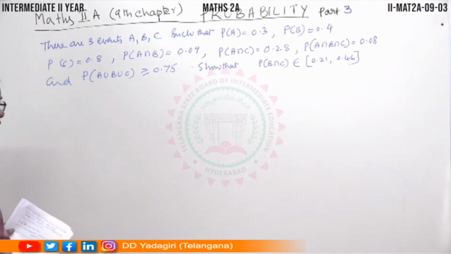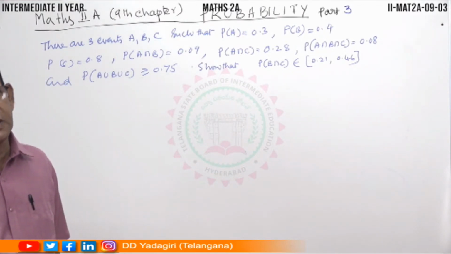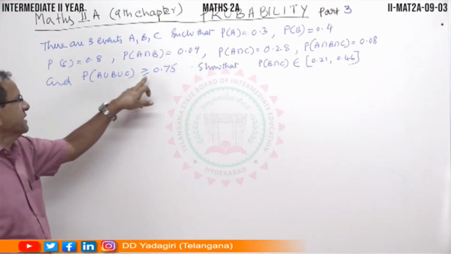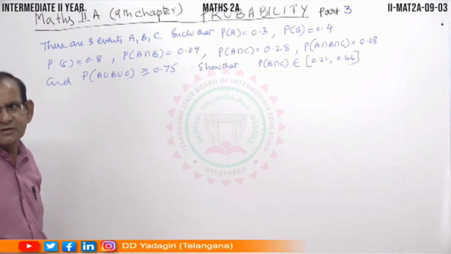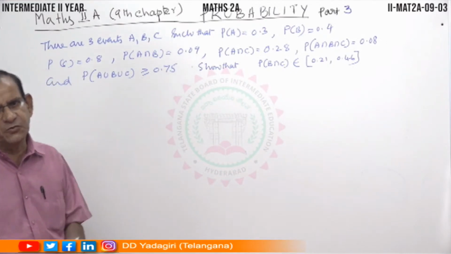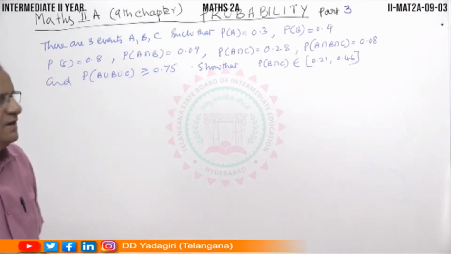Now, actually the probability of any event lies between 0 and 1 only. But here the probability of this event is more than 0.75. That means it is from 0.75 to 1. It lies between 0.75 and 1.